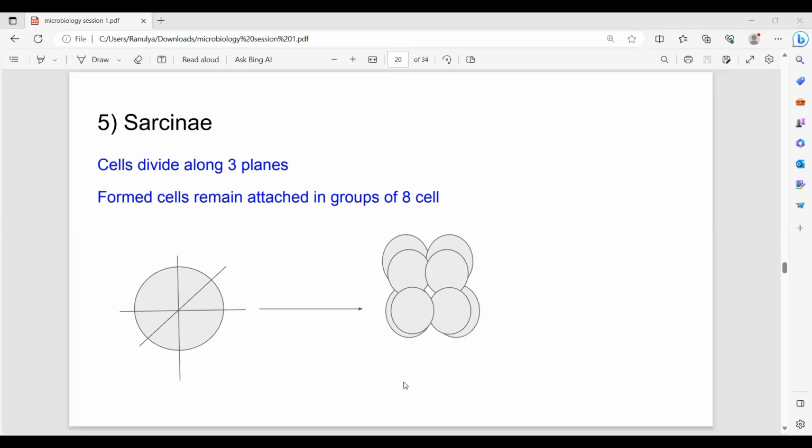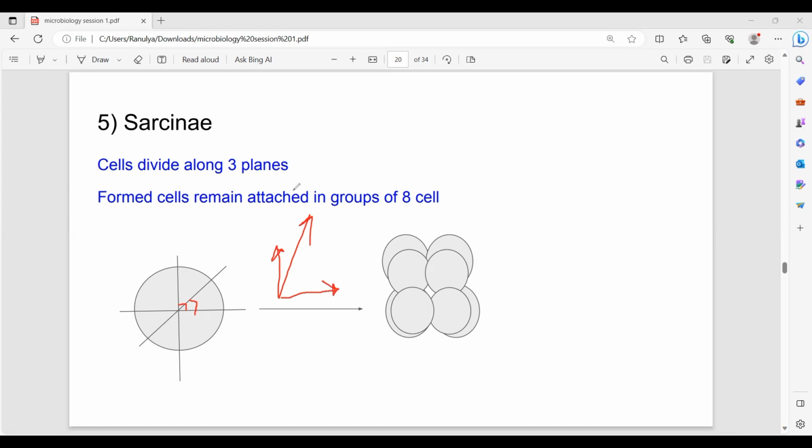Sarcinae. Sarcinae means here the cells divide along three planes. Right? So here these two are perpendicular. I made these two also perpendicular. All perpendicular.